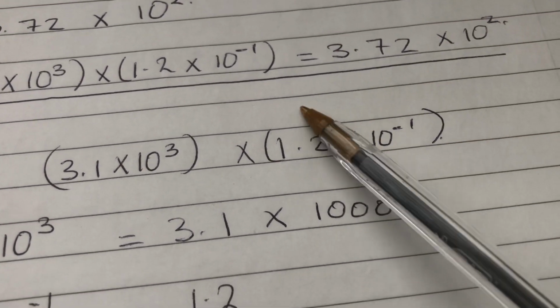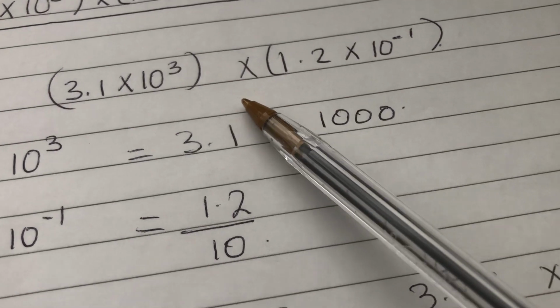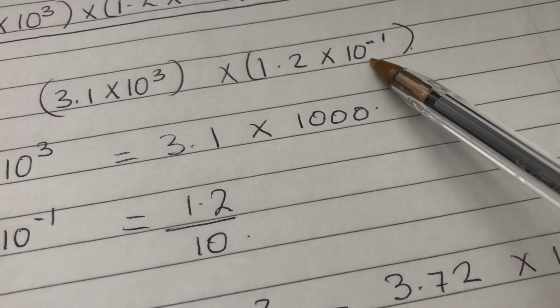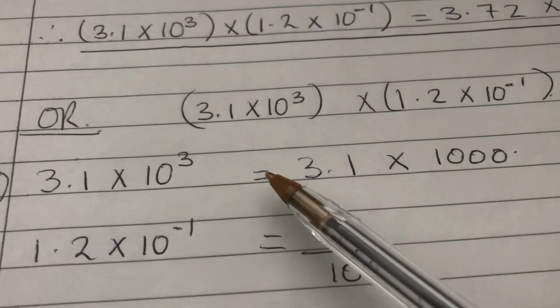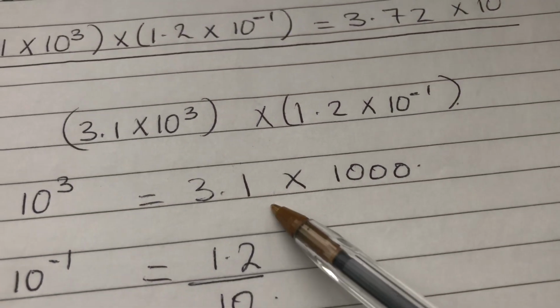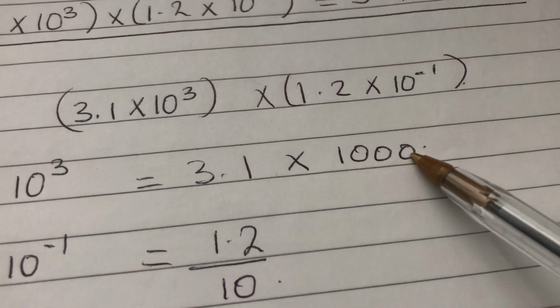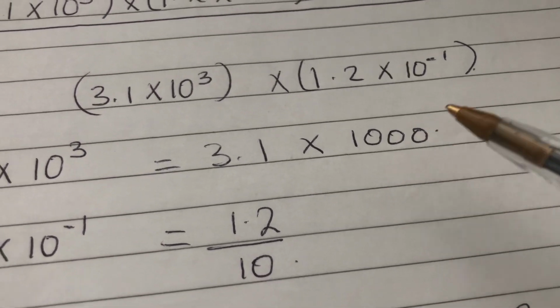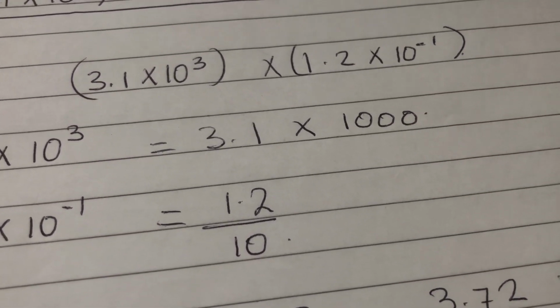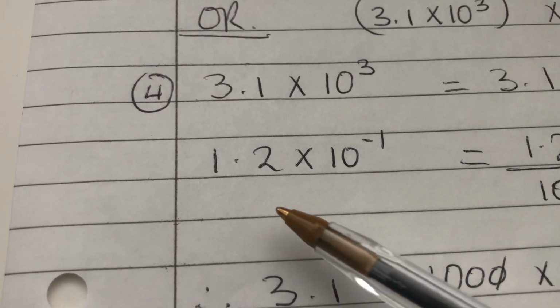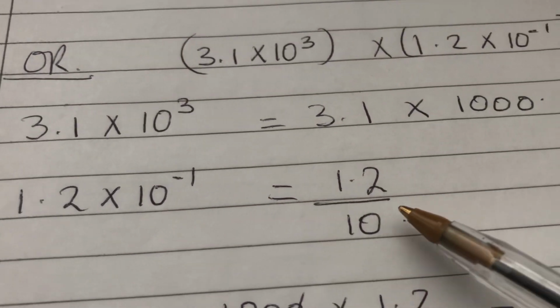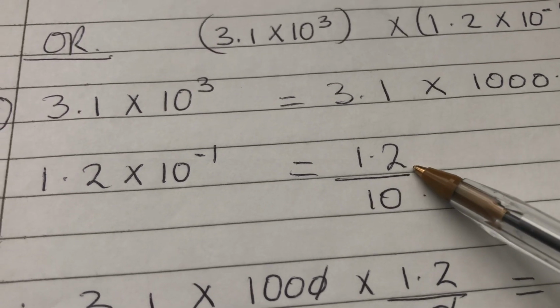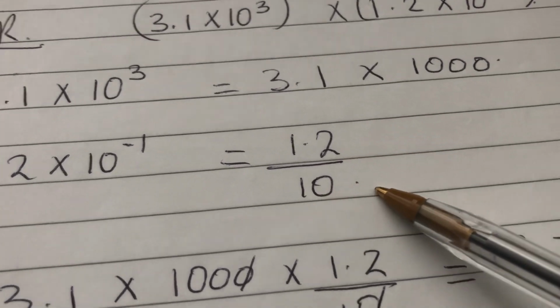Now let's look at the same example another way. 3.1 times 10 to the power 3 will give us 3.1 times 1000. 10 to the power 3 is 1000. Okay. 1.2 times 10 to the power minus 1 will be equal to 1.2 divided by 10.